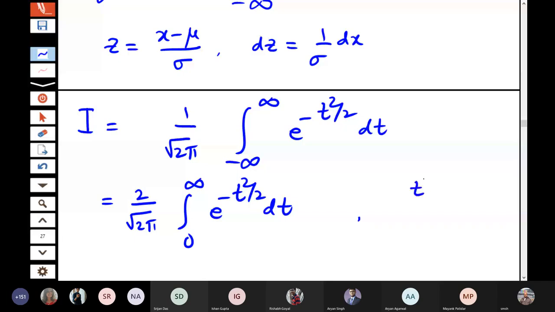You can now put, for example, t is, see, I wrote z here, not t. So let me make the corrections here.